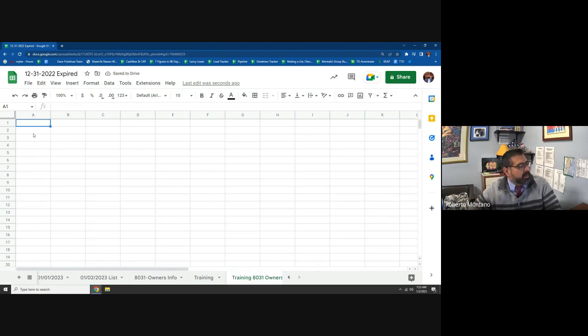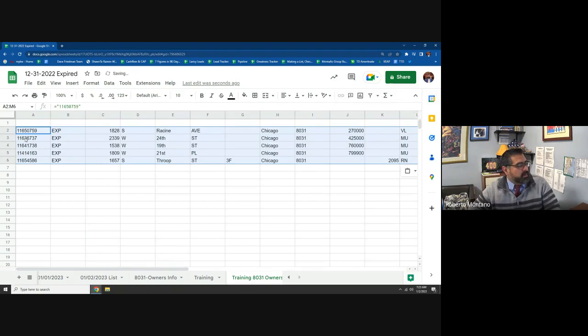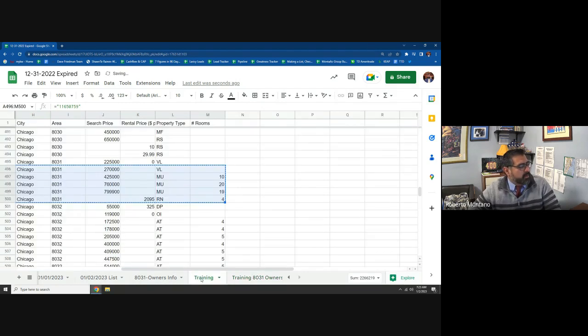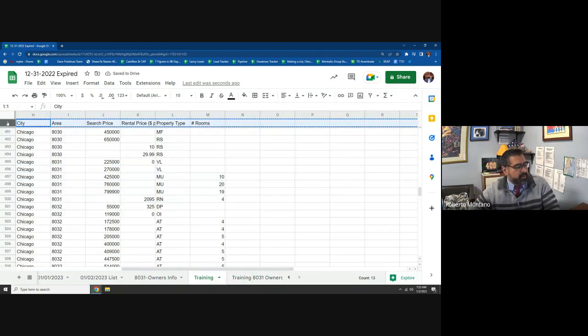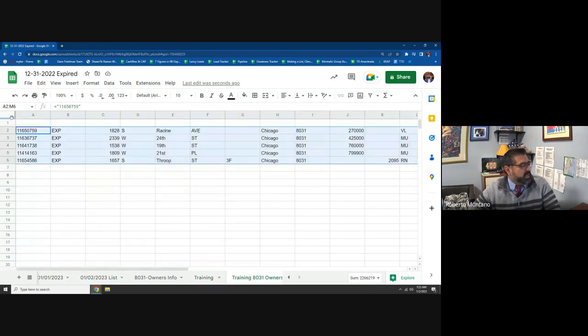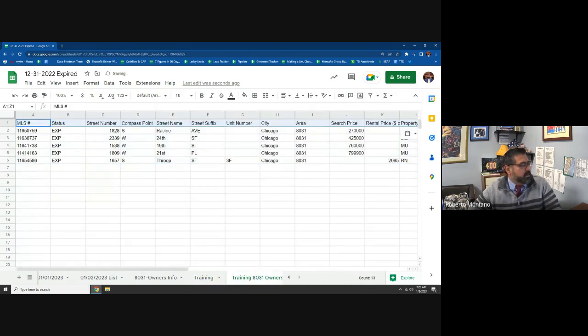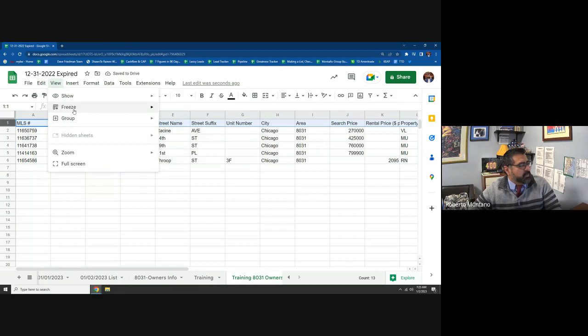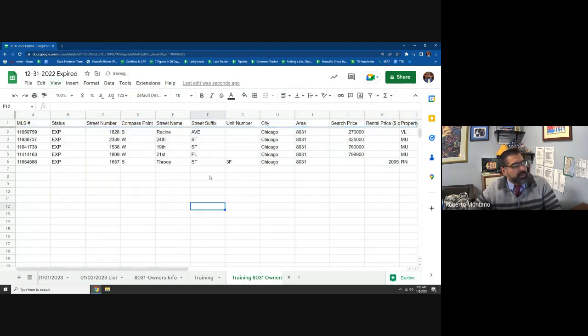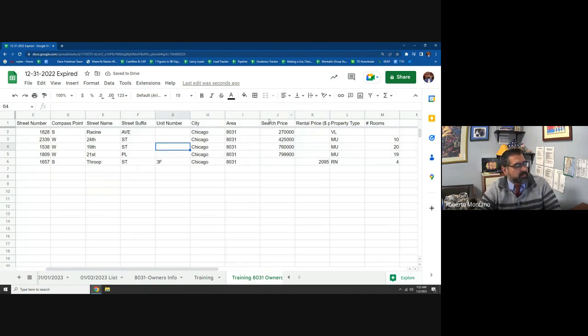Okay. Cut and paste the first line. Freeze it: view, freeze, 1 row. Great. That preserves the row. Now I can sort it. That'll be important as I get more areas that I want to focus on.